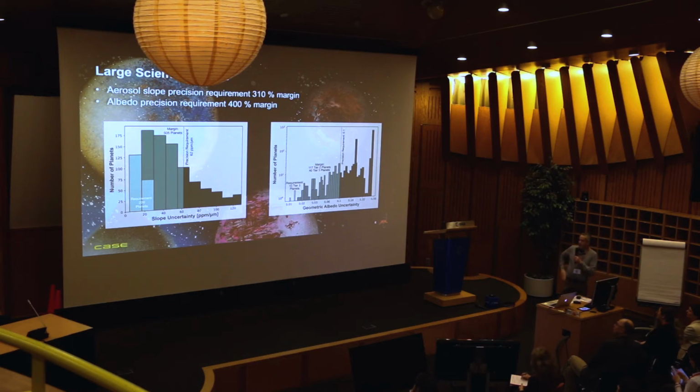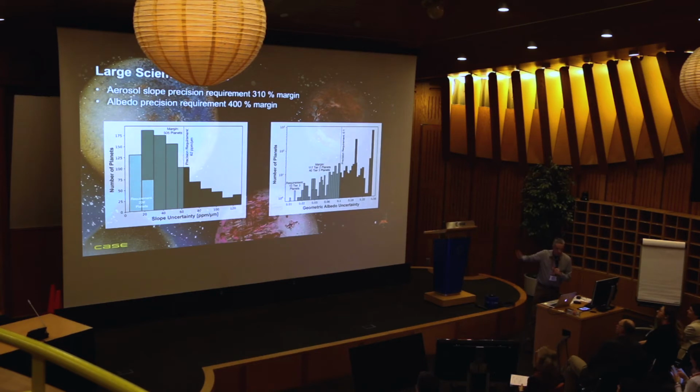And what we find is that we meet those requirements with a lot of margin. Margins are right up here, 300 to 400%. So that's a very good thing from a science perspective. We are certain we're going to get great science with this mission.